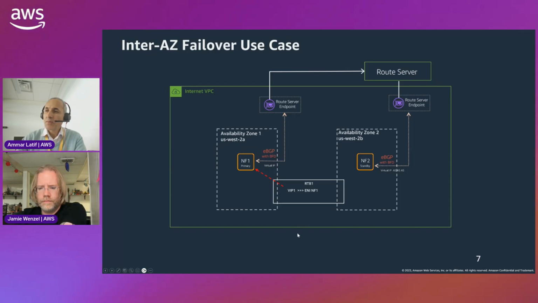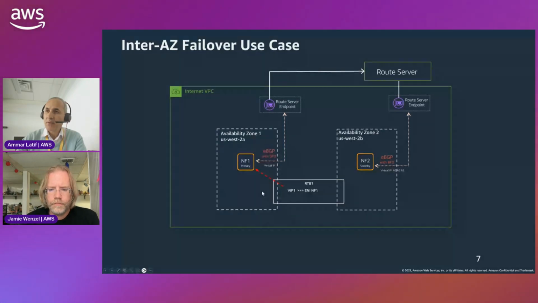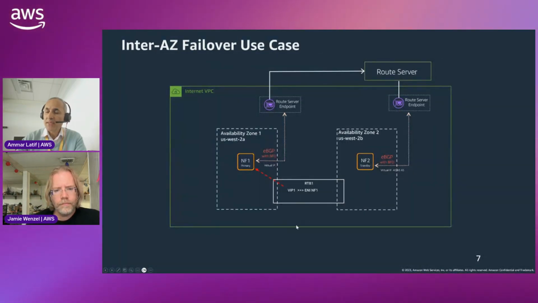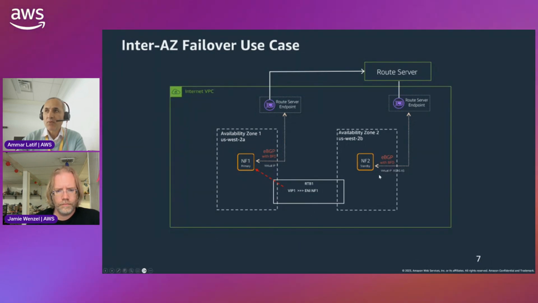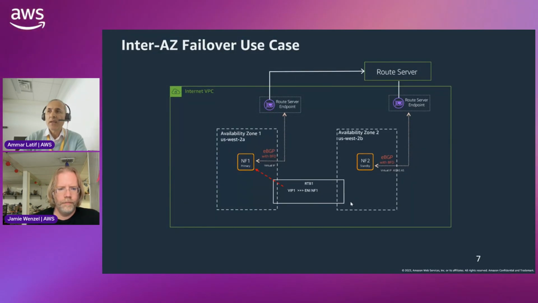We're also deploying a test instance here. I'm not showing it. It will try to connect traffic to NF1, and then we do a failover to NF2. So let's deploy this, and then we will do this failover in action, in real time.